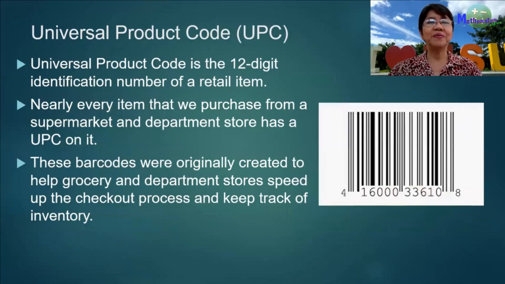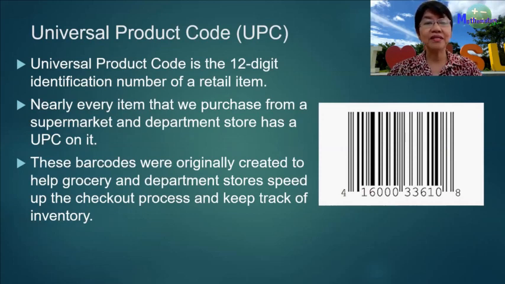Universal Product Code or UPC. Universal Product Code is a 12-digit identification number of a retail item. Nearly every item that we purchase from the supermarket and department store has a UPC on it.